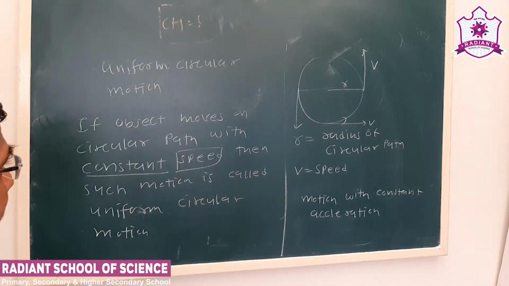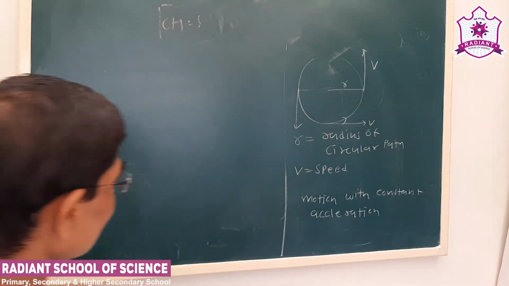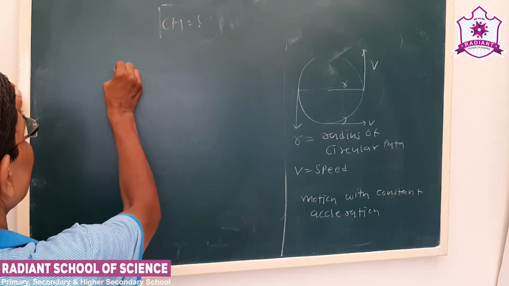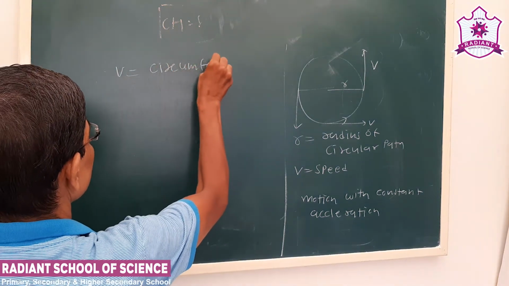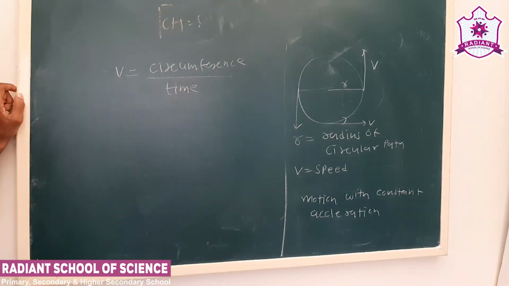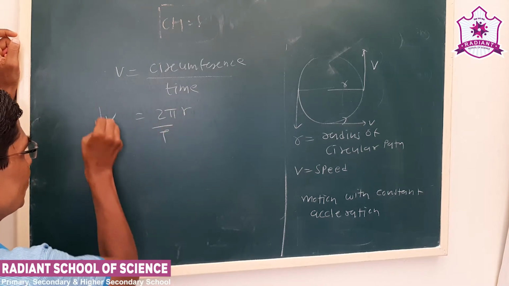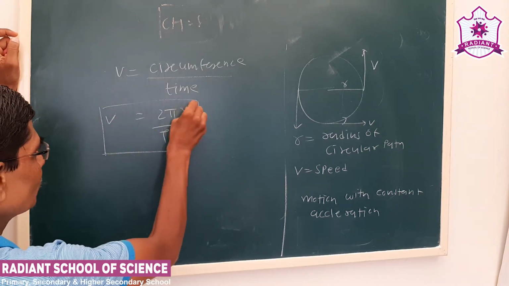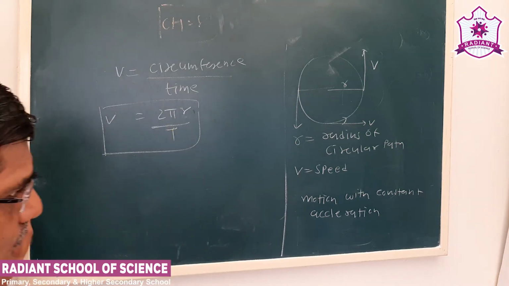Now what is the formula for the speed? Here we know the speed is distance upon time. V is circumference upon time. Now if r is the radius, then circumference is 2 pi r and time interval is t. So this is the formula for the speed of an object moving with uniform circular motion.